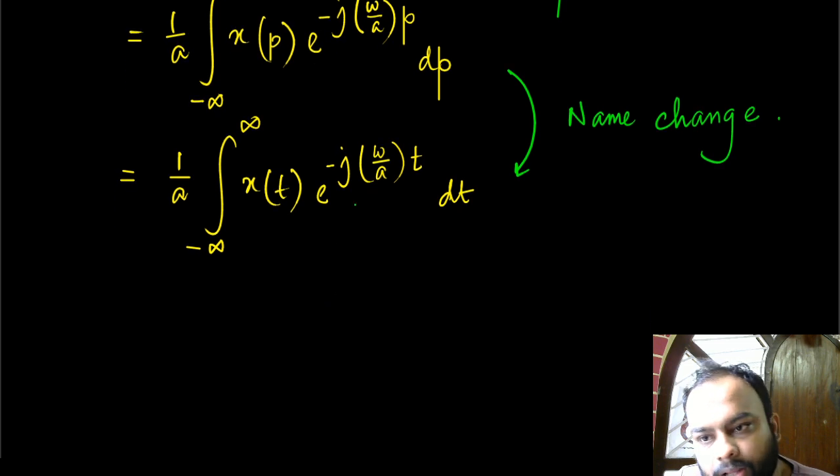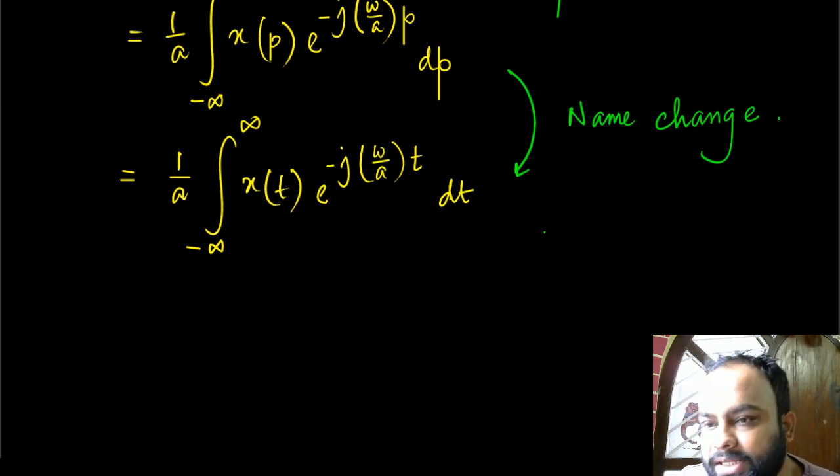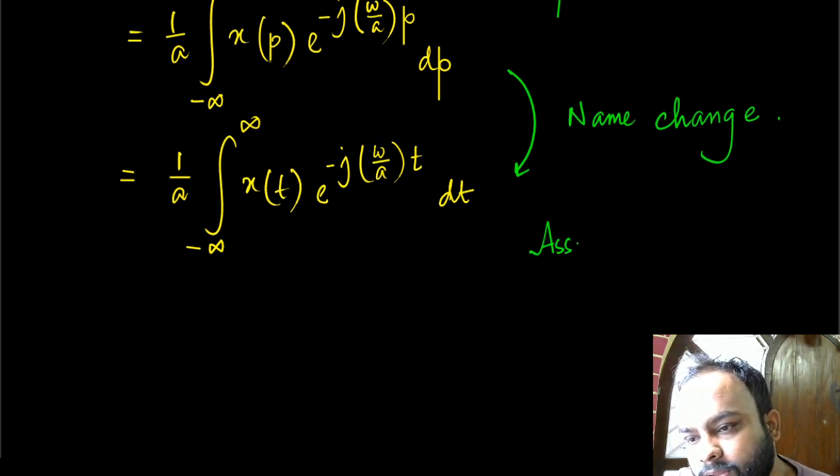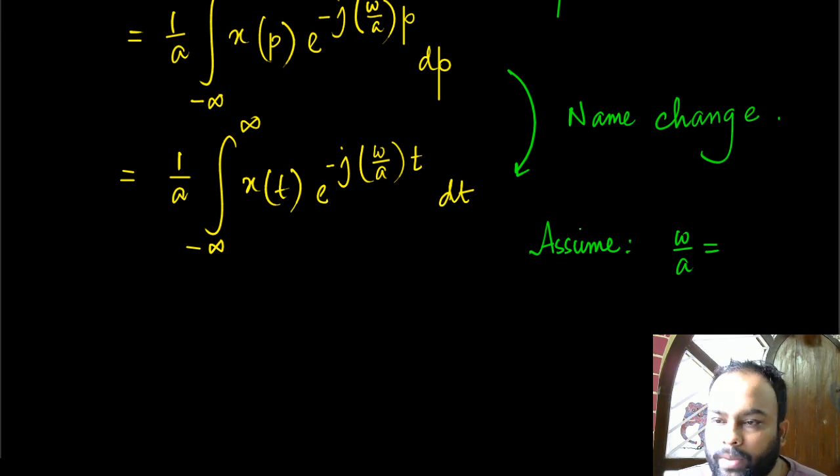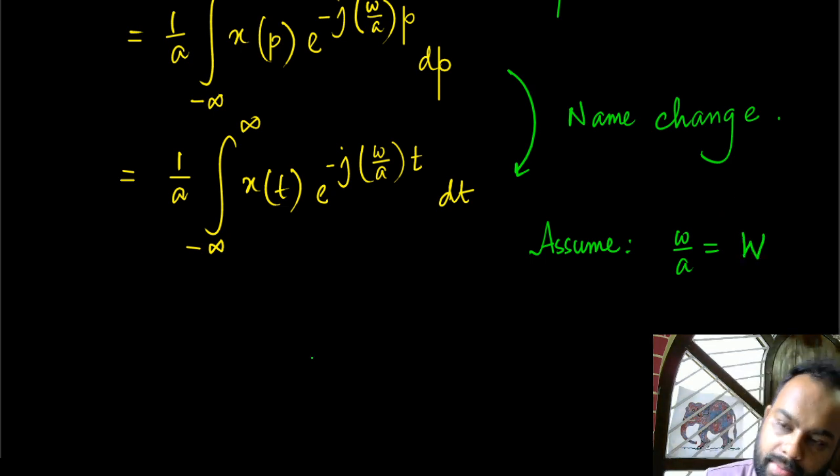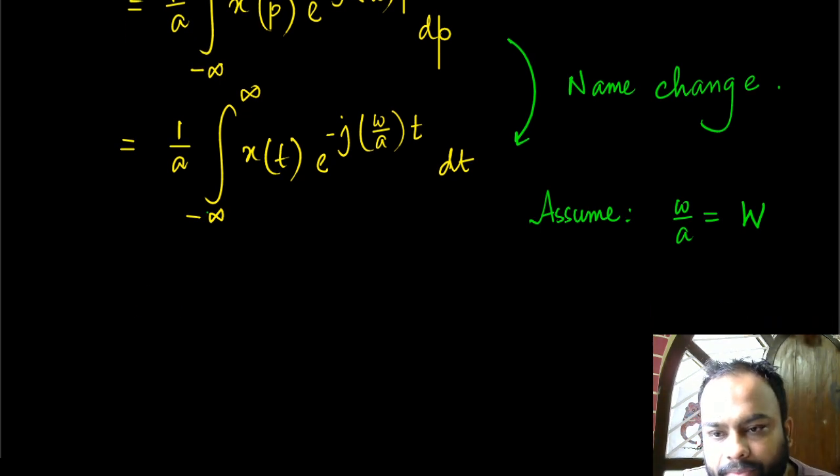All right. And now let's assume something very interesting. Assume omega by a, that quantity, to be, say, q or something, maybe let's consider that to be w, right?